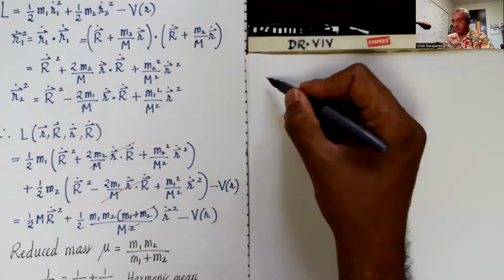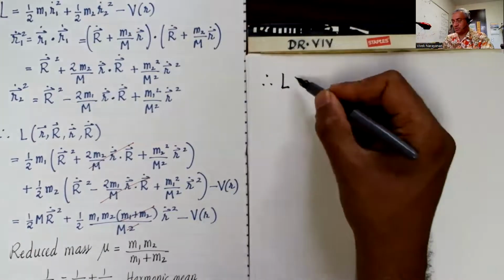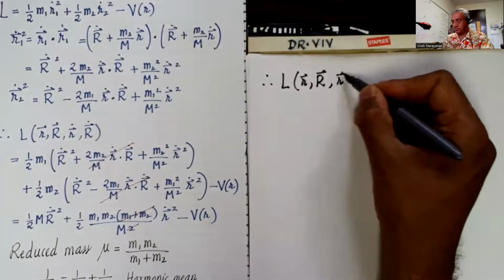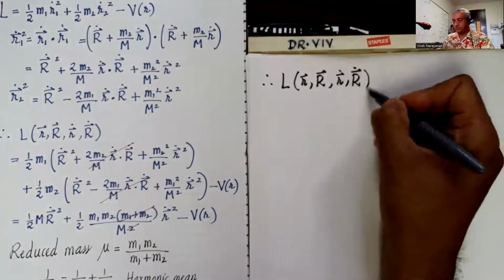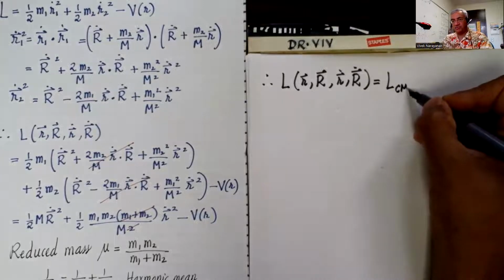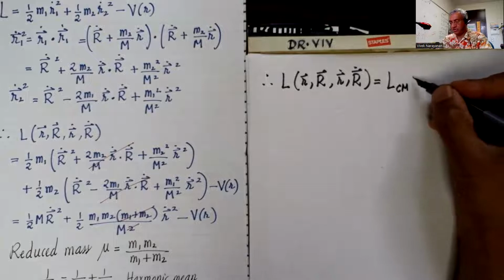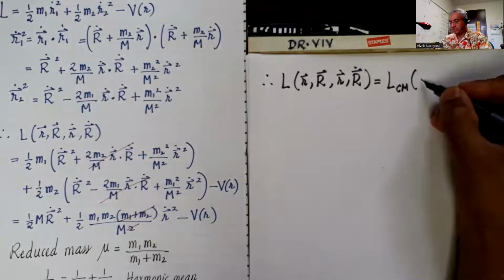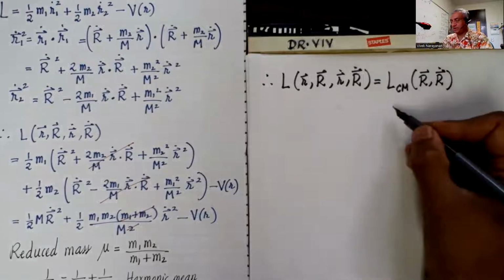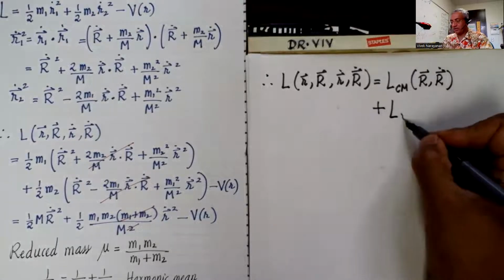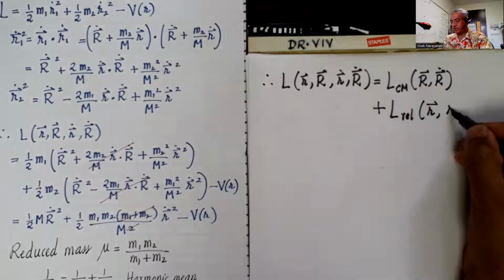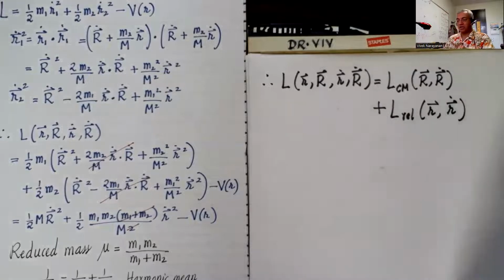The Lagrangian L, which is a function of those new coordinates, is now a function of the center of mass coordinates alone, this is a function of R and R dot alone, and then a relative L-rel, which is a function only of little r and r dot.